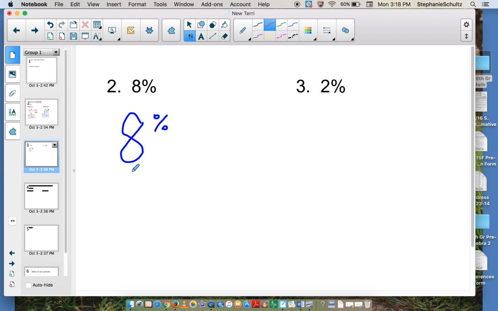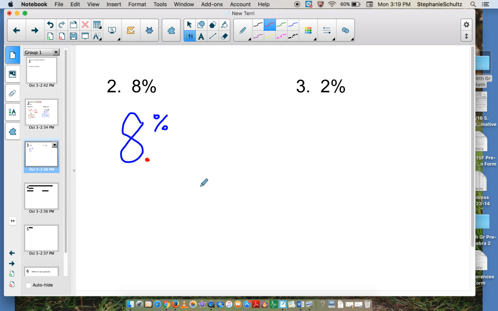There's no decimal there, so we have to figure out where it belongs. Does it belong over here? Absolutely not. This does not say 0.8. It says 8, which is like saying 8.0.